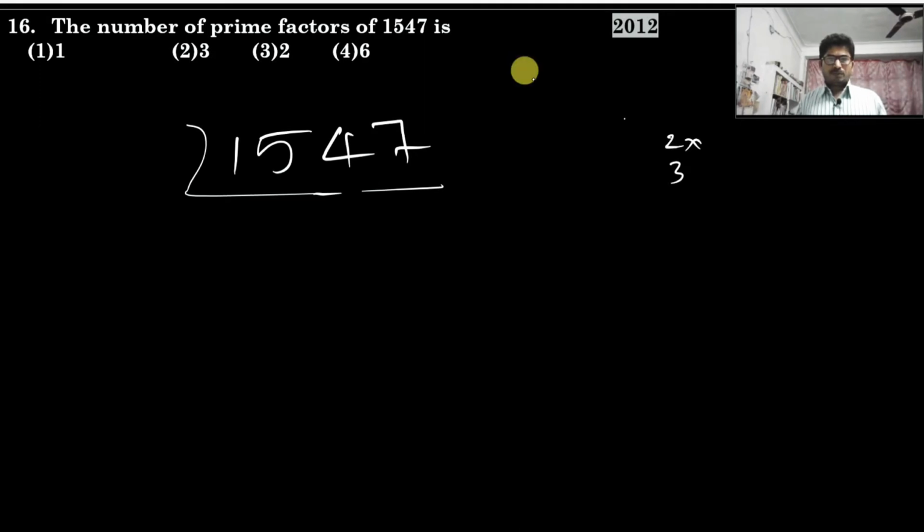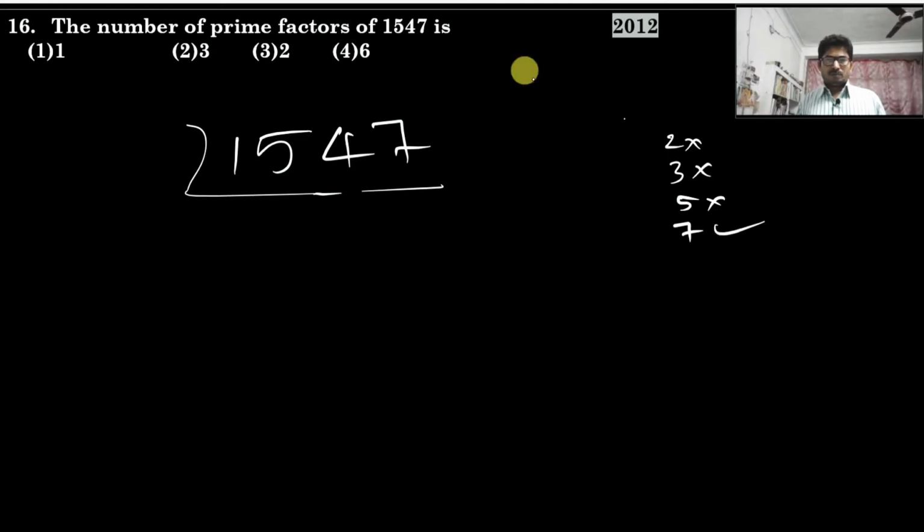Next 3, not divisible. 5, not divisible. Next 7. 7 2s are 14, 7 1s are 7.